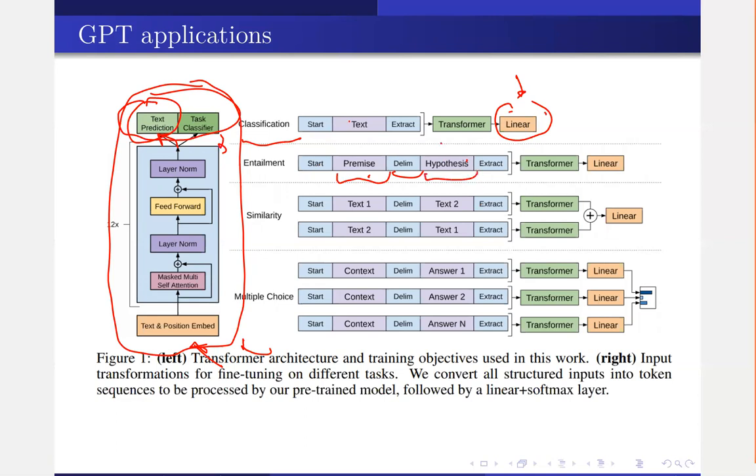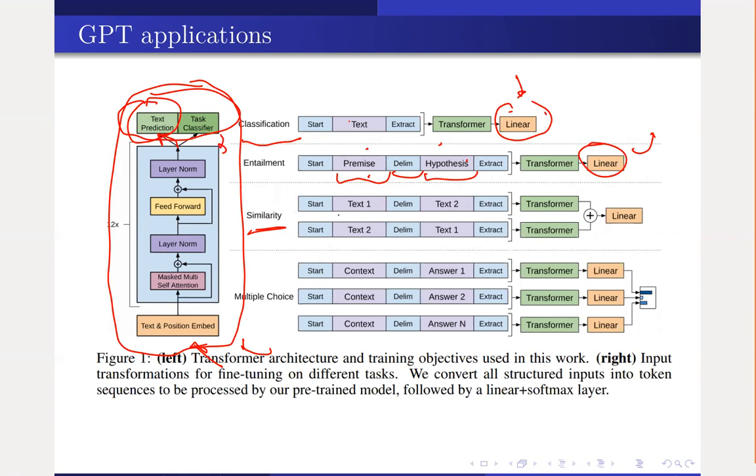If the second part is a consequence of the first part, then we'll classify it as one, otherwise we'll classify it as zero. Again, I will just train this linear layer to do this entailment. And we can do similarity, to find the similarity of two sentences.